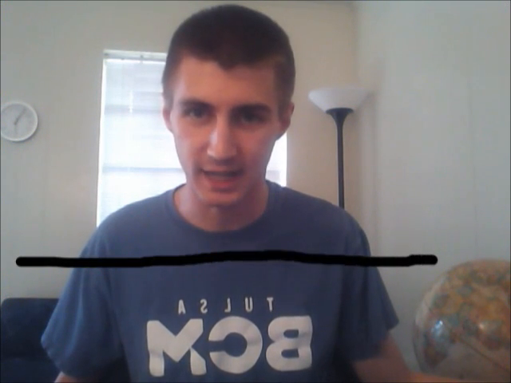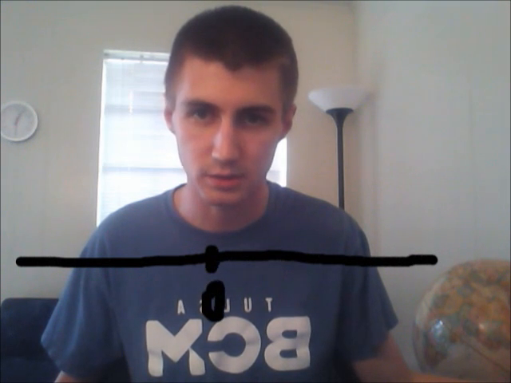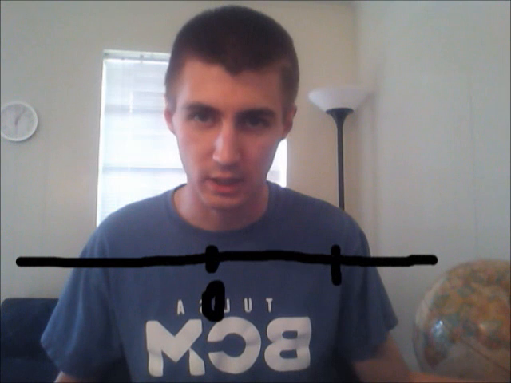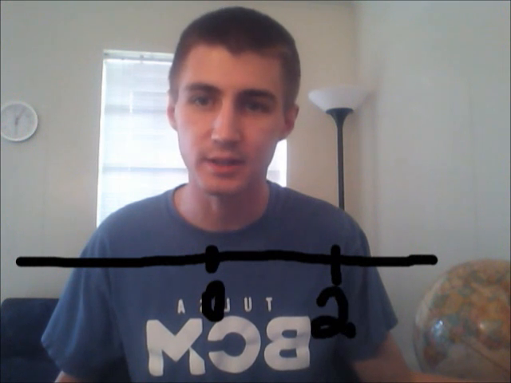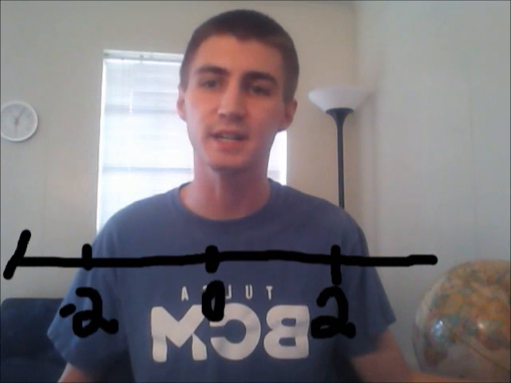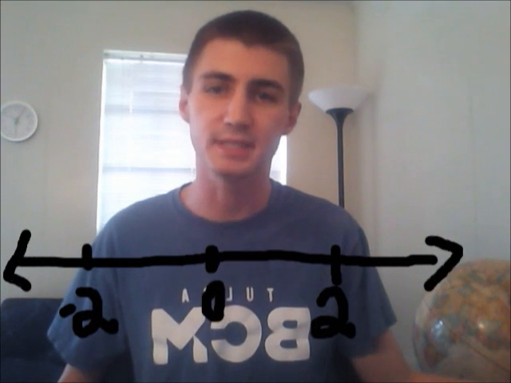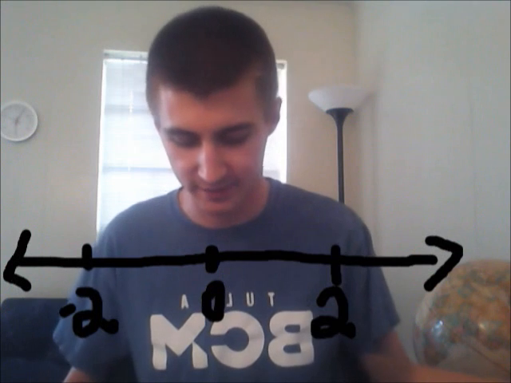So if we look at this on, let's say, a makeshift number line, we have 0 here, 2 here, -2 here, and both of these extend on to the great beyond of infinity.